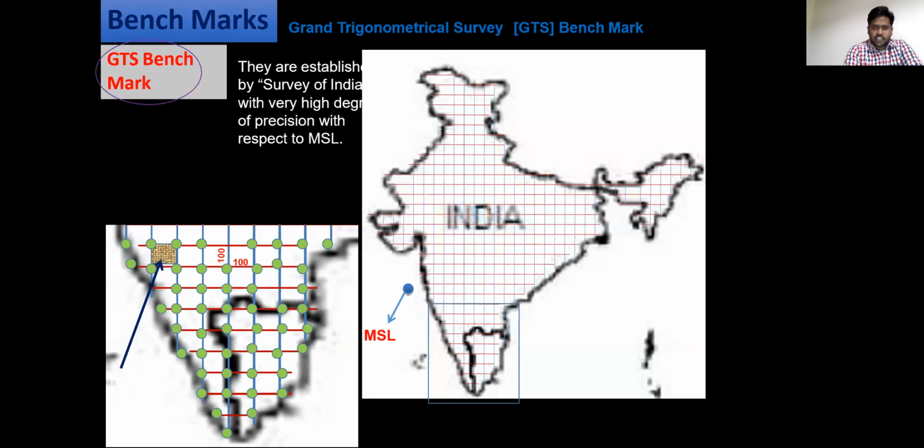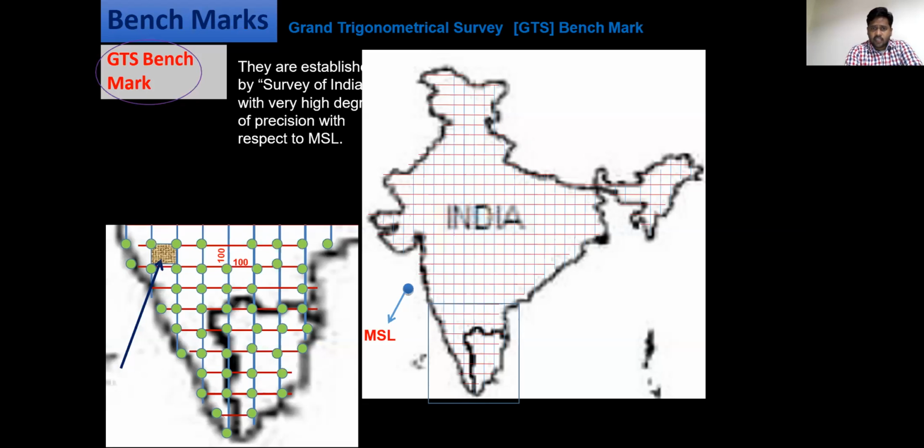See here, this GTS benchmark. GTS benchmark is Grand Trigonometrical Survey benchmark. So they are established by Survey of India with very high degree of precision with respect to mean sea level.